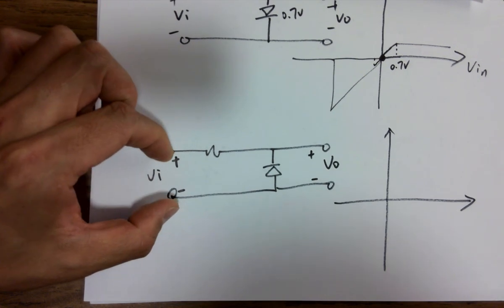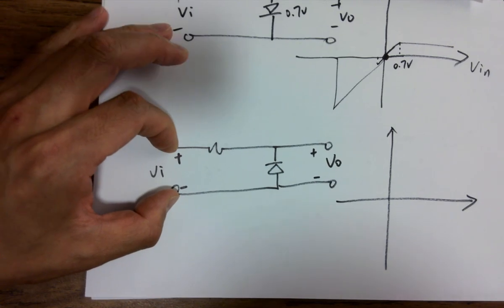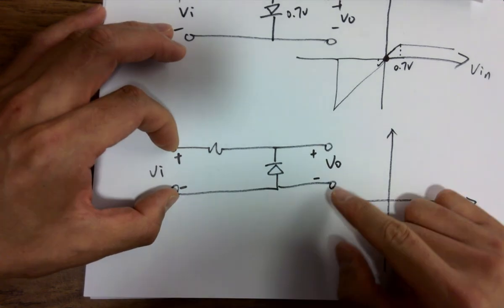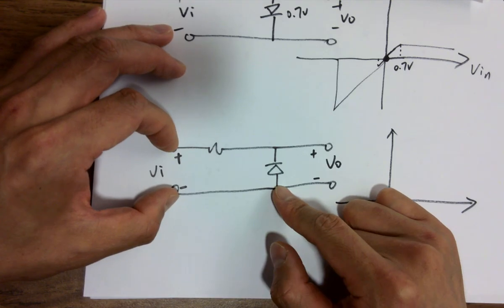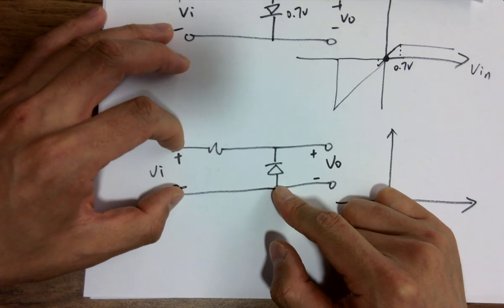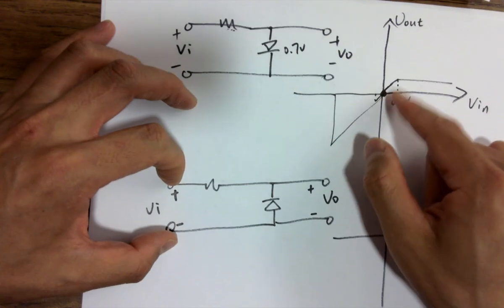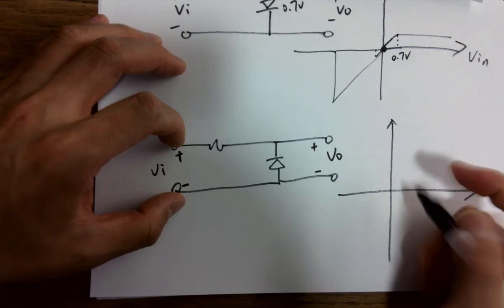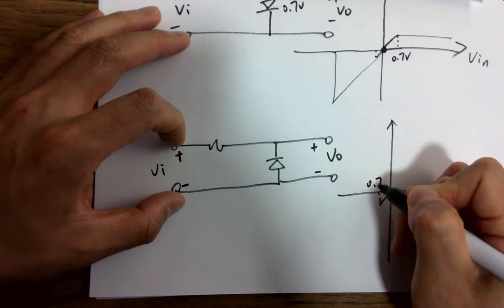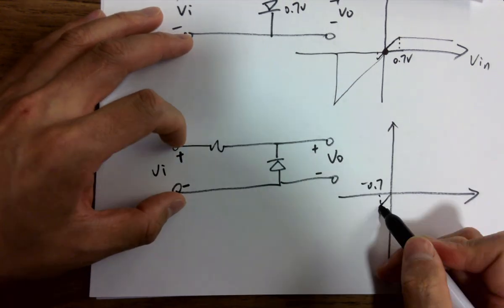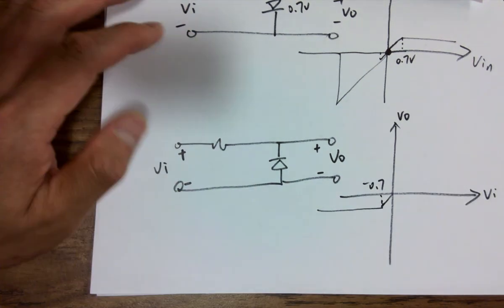I'm assuming it's plus minus from top to bottom, right? So if I'm forward biasing this diode, I need a negative voltage. Agree with that? Okay. And if you flip it, it's basically the same circuit, but going into the negative region. So what's going to happen is, when it hits 0.7 but negative, it'll be flat. Agree with that?